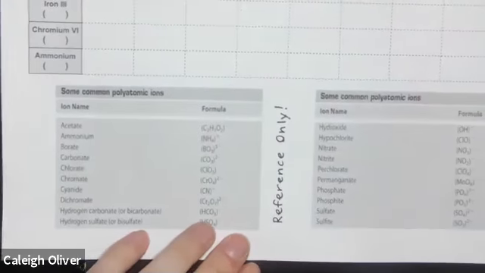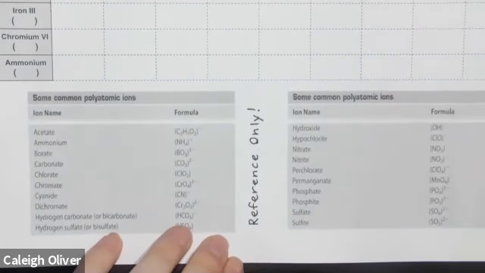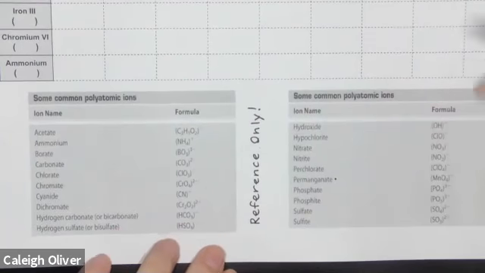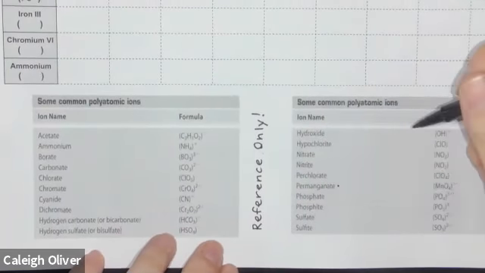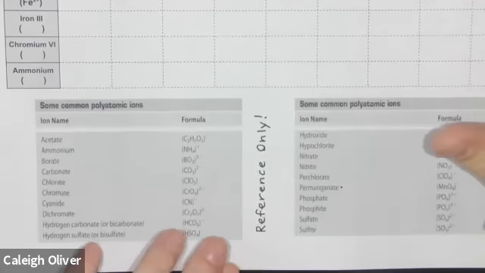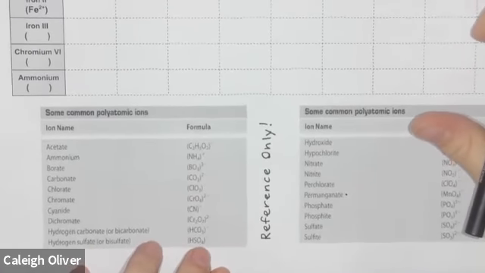You don't need to learn any new ones other than what we put in the flashcards, like permanganate. Might have heard of it, maybe not. Who cares? You're not using it right now. But I'm just showing you there's like thousands of polyatomic ions. You only need to learn the 15 or so that I gave you.